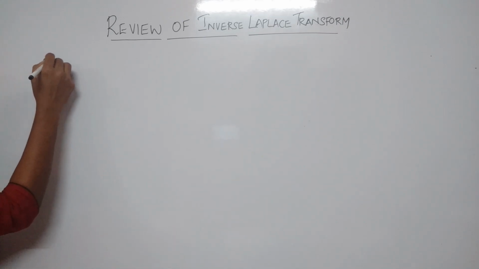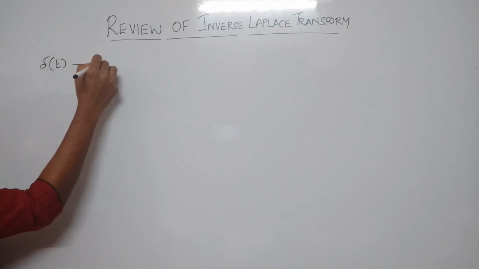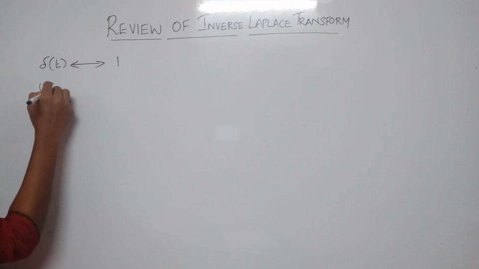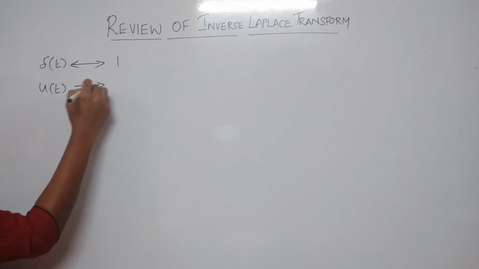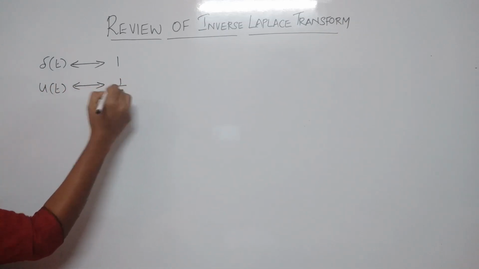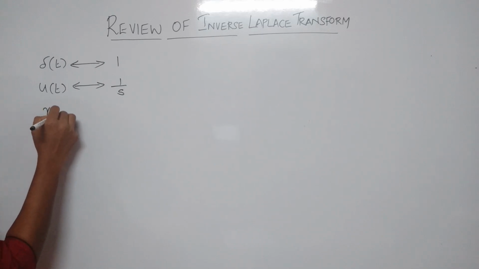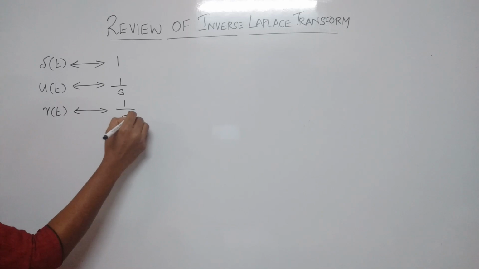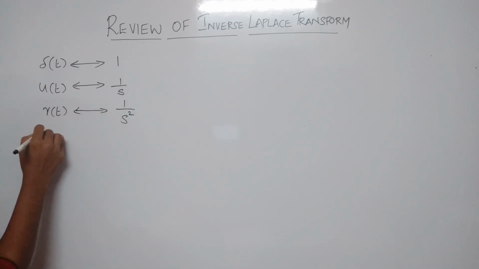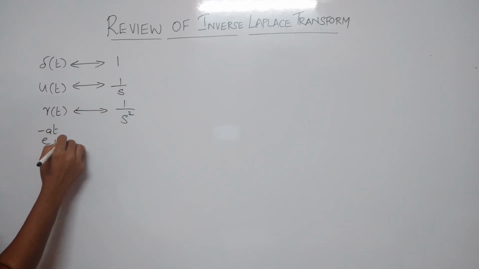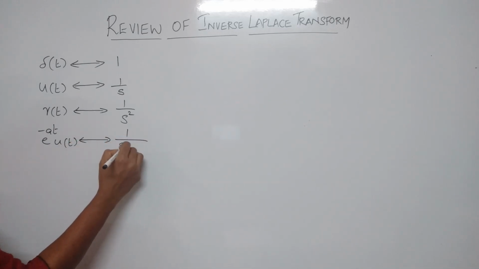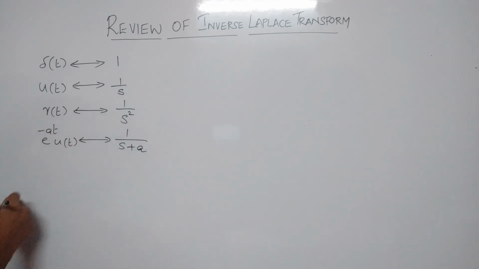Laplace transform of delta of t is 1. Laplace transform of u of t is 1 by s. Laplace transform of r of t is 1 by s square. Laplace transform of e raised to minus at u of t is 1 by s plus a.